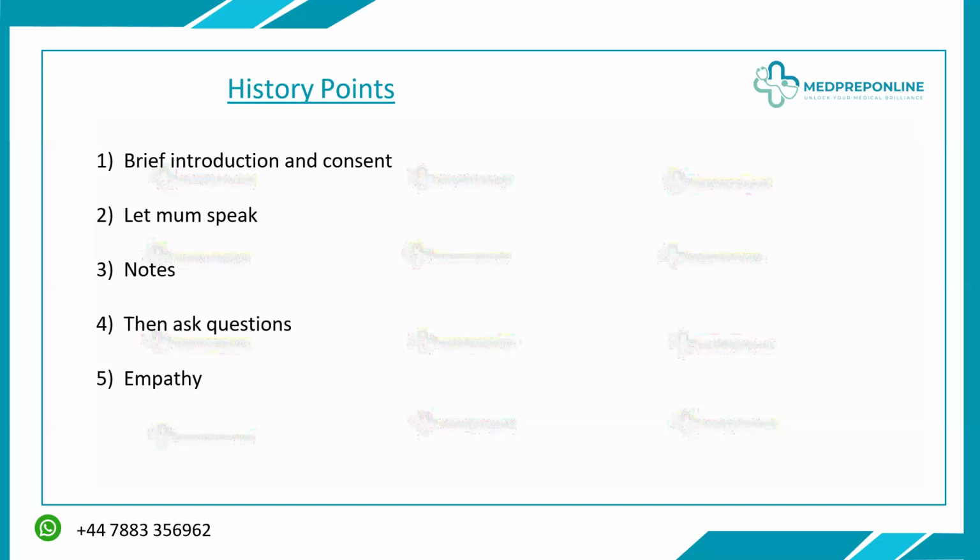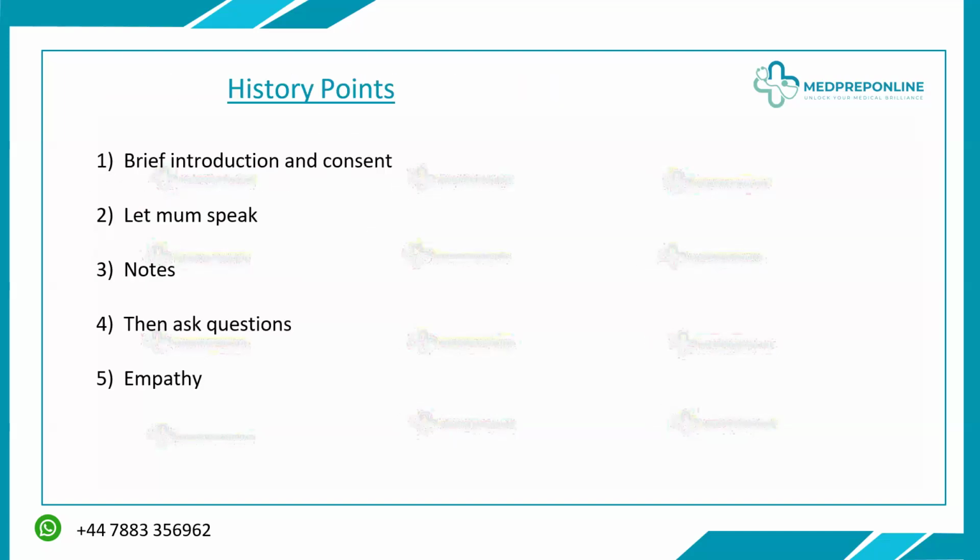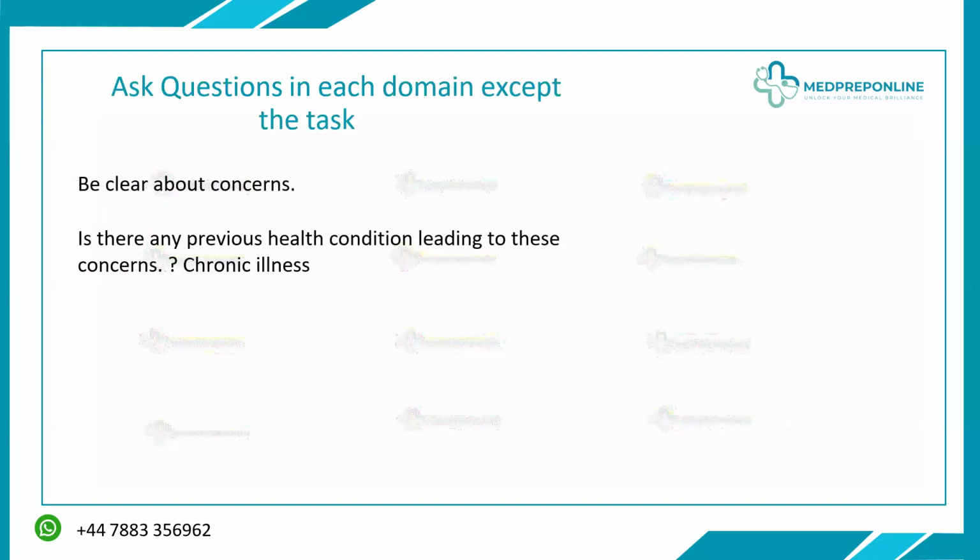And you have an initial 3 minutes. During these 3 minutes, you can make some initial notes, and after that you will start taking the history. So you should be very clear about the concerns, and then ask whether there is any previous health condition. In the beginning, when the mom has told the initial concerns, you can ask, is there any previous health conditions leading to these concerns?